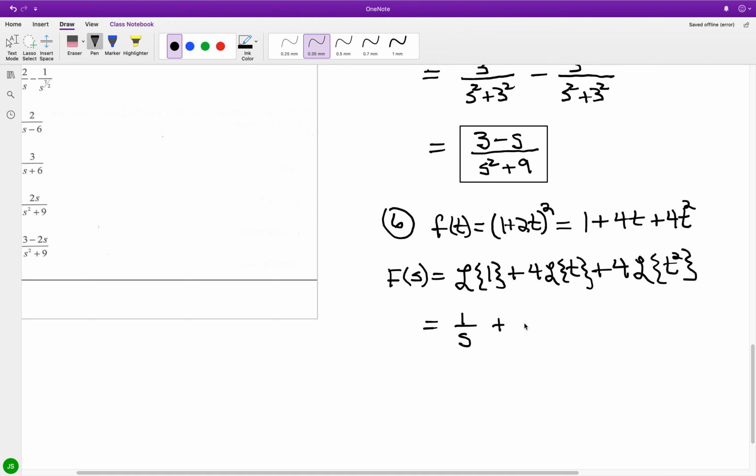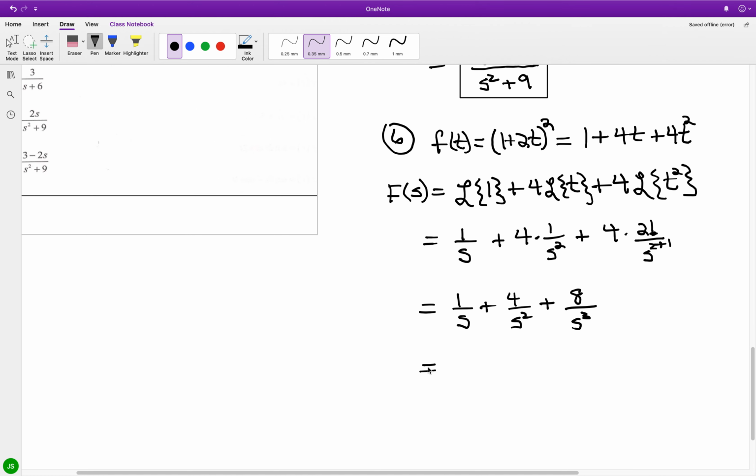That of t is going to be 4 times 1 over s squared. And for t squared, that's going to be 2 factorial, which would be 2, over s to the 2 plus 1. We can consolidate: 1 over s plus 4 over s squared, and 4 times 2 is 8 over s to the third.